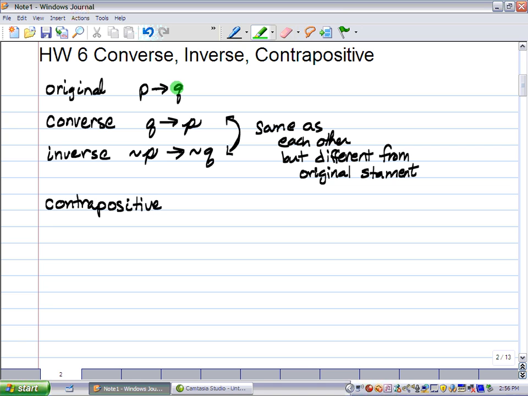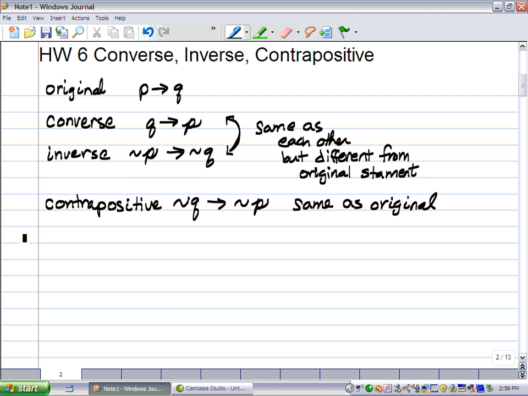So the Q is going to come to the front and become its opposite, so it's going to become not Q. And the P that's in the front is going to go to the end and become its opposite. So not Q implies not P. This is the same as the original statement.